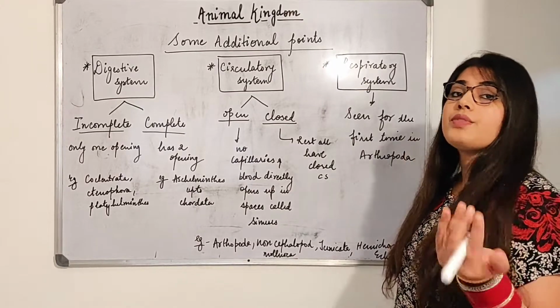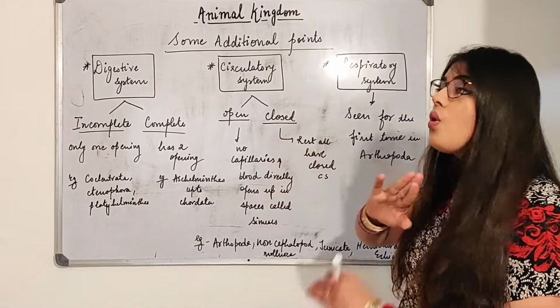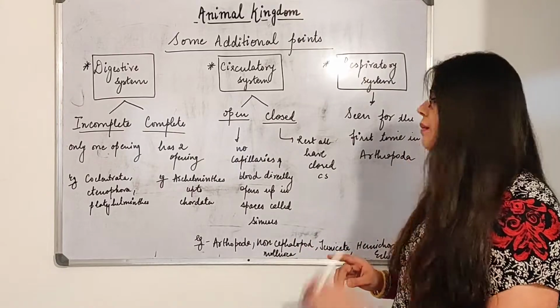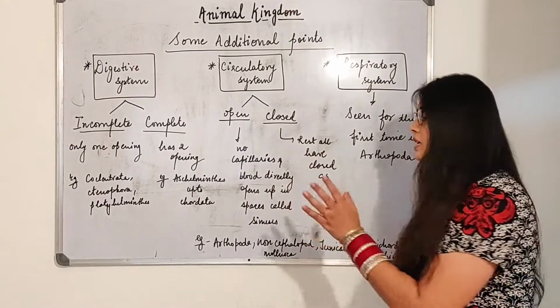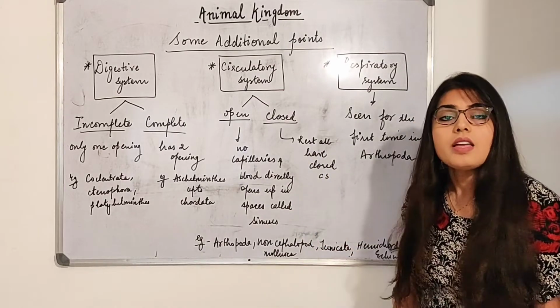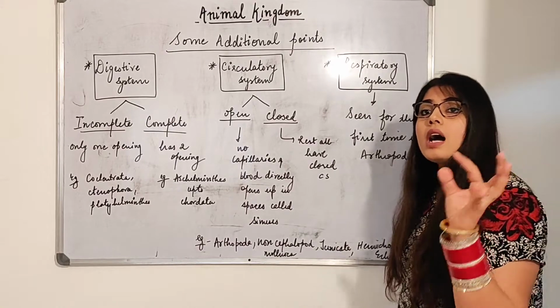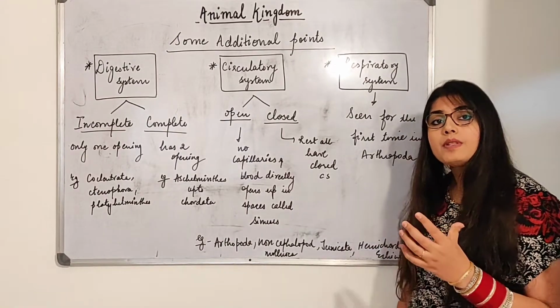Now what is the difference between open and closed? So in open, beta, there are no capillaries present. There is not even a single capillary present. The blood directly opens up into the spaces called the sinuses. They do not have arteries, veins and capillaries present in their body.